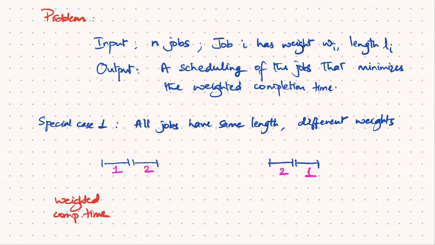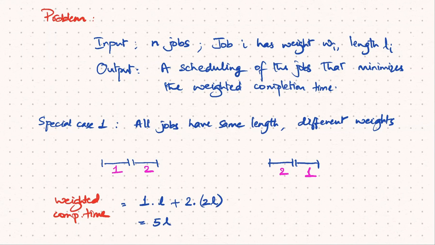For the first scheduling, the weighted completion time is 1 times the duration of the job, let's say L, plus the weight of the second job, 2, times its completion time, which is 2L. So this is 5L, where L is the length of the job.